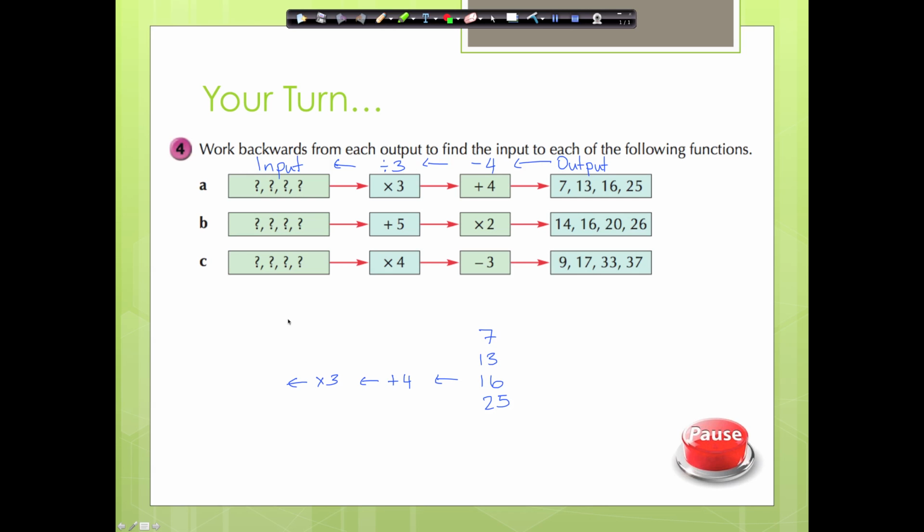And then you're going to have your input listed down here. So remember, you need to line up your answer for the 7. You need to line it up in line with the 7. Answer for the 13 needs to be lined up. Okay, so press pause and answer those 3 questions.